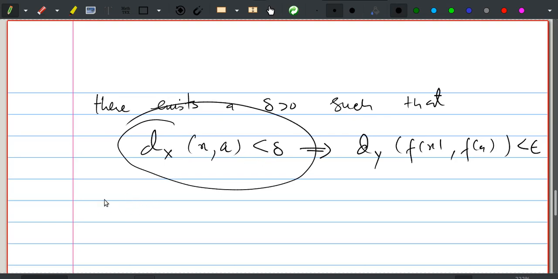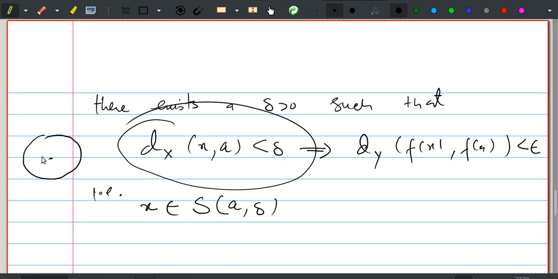Since the distance between x and a is less than delta, x has to be in this open ball, because the distance between x and a, which is this radius, is less than this radius, which is delta.